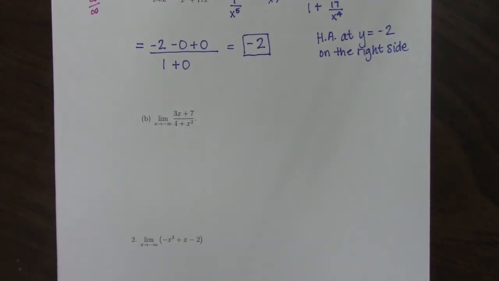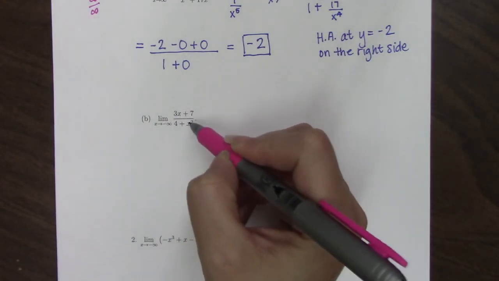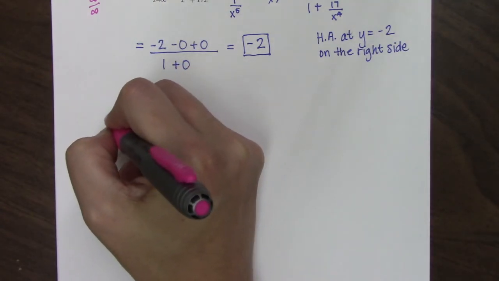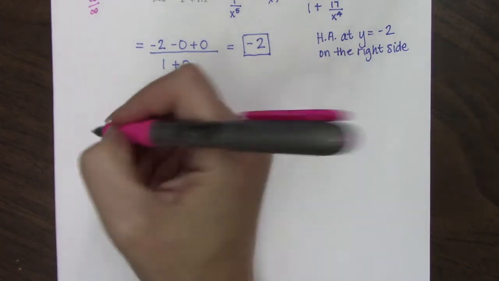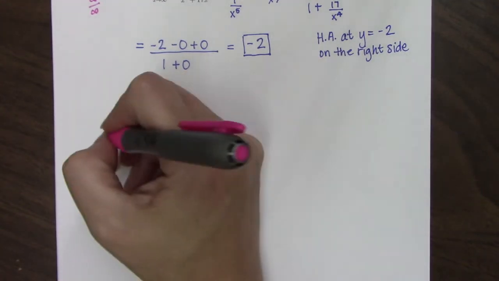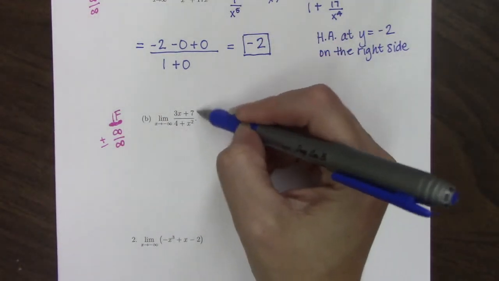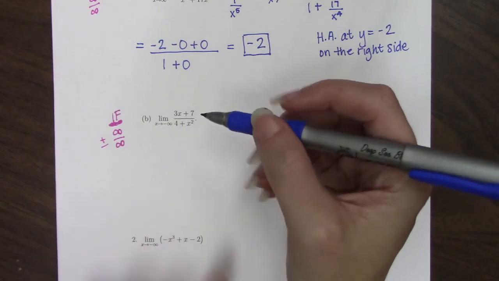If I look at this next function, it says that the limit as x goes to negative infinity, we have a line on top and a quadratic on the bottom. So this is still an indeterminate form, some version of infinity over infinity, so I do need to do more work before I can evaluate it. When I scan this for the highest power of x, I see I have an x squared in the denominator and an x to the 1 in the numerator.